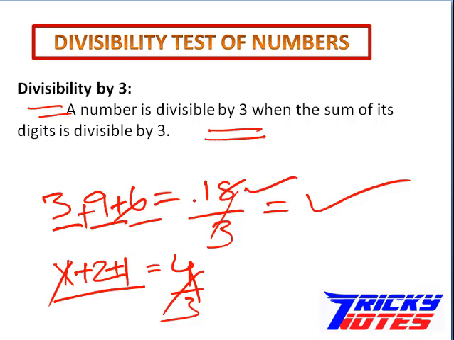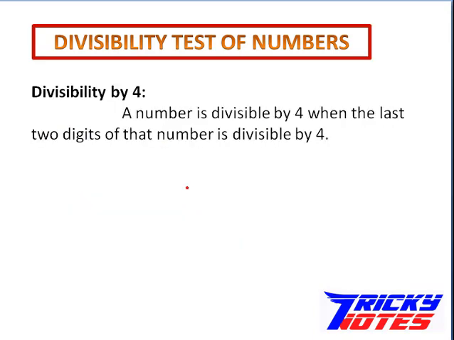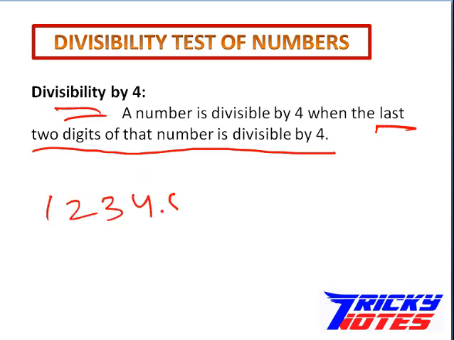Let's move on to 4. Divisibility test by 4. How can you know whether a number is divisible by 4 or not? If the last two digits are divisible by 4, then the number is. Let us say the number is 123456. We'll just see the last two digits.